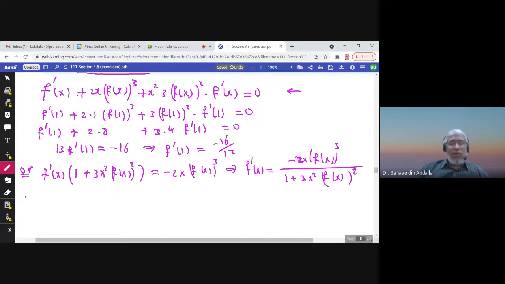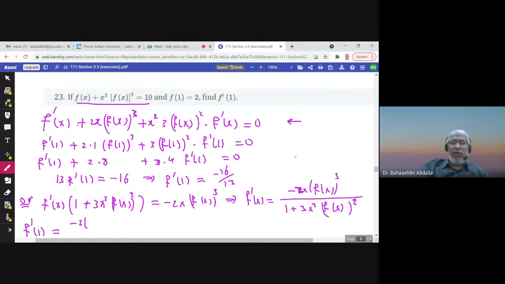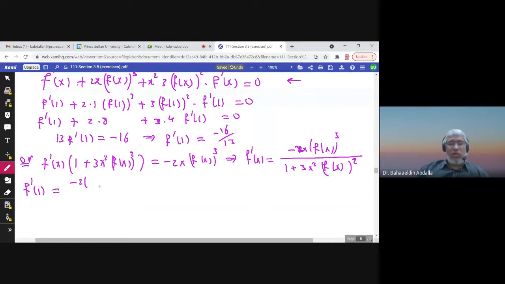And now you can find f prime of 1 by replacing x by 1. So again, negative 2 times 1 is negative 2. And f of 1 is 2, so I have here 2 to the power 3.